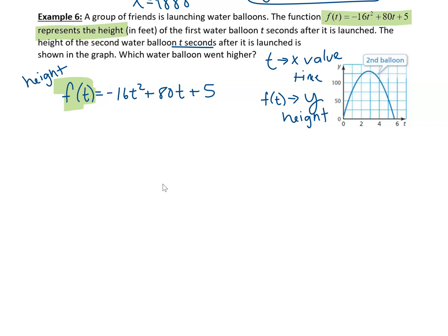Yes? If we're doing height, is the f or whatever always for the height? It is, if you're talking about an object that's being thrown into the air, often. Not always, but often. And you'll see a lot of problems like this. You'll see them again in physics, so this will give you a good starting foundation for that work next year.